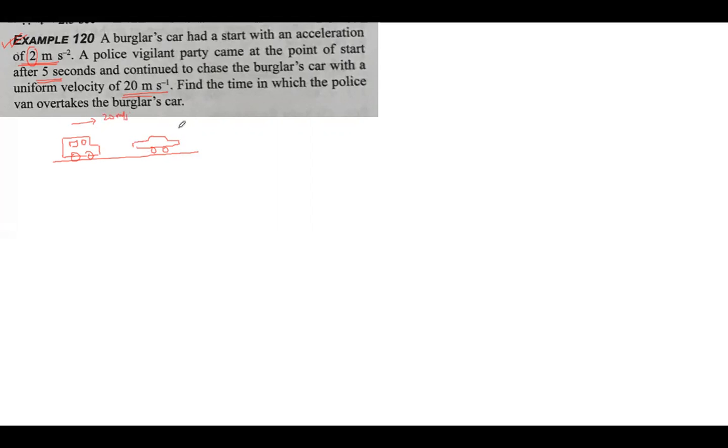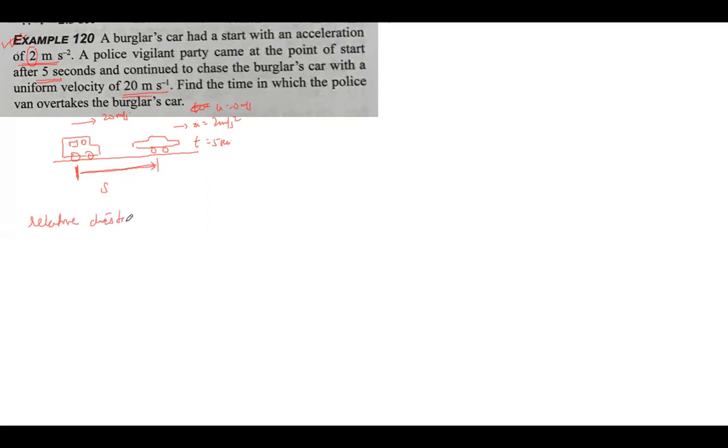The burglar is moving with an acceleration a equal to 2 meter per second square, and initial velocity is 0 meter per second. So distance between these two, right? Because when the police van reached the spot, this burglar had already moved for 5 seconds. So distance traveled by the burglar is the initial distance between these two. So relative distance.